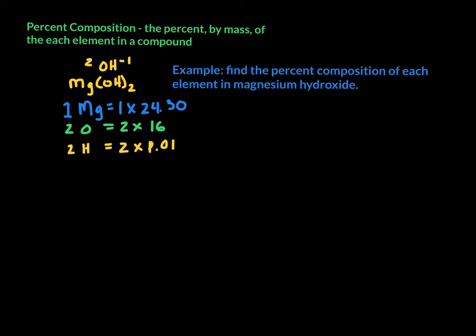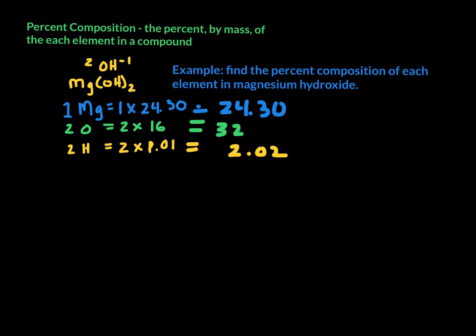so now we go back and we do the math. So 1 times 24.30 is equal to 24.30. 2 times 16 is equal to 32. And 2 times 1.01 is equal to 2.02.